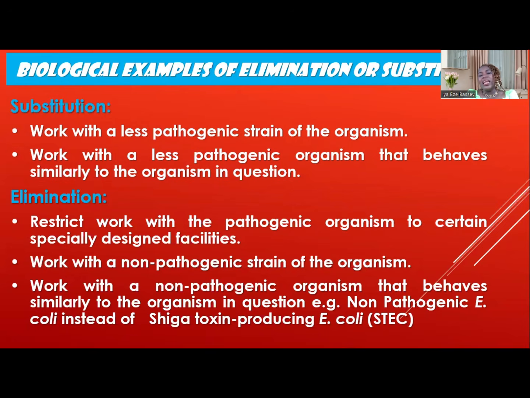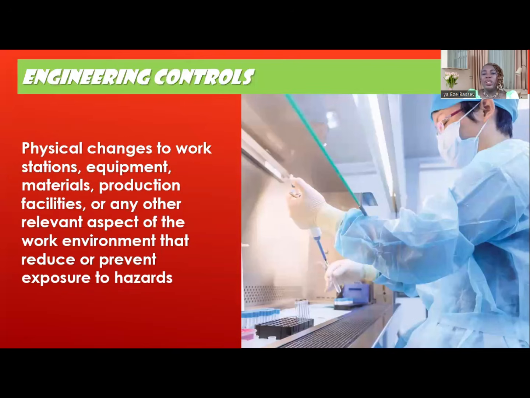For instance, instead of working with Shiga toxin producing E. coli, you could choose to work with the non-pathogenic E. coli, all right? So you work with a non-pathogenic organism that behaves similarly to the organism in question.